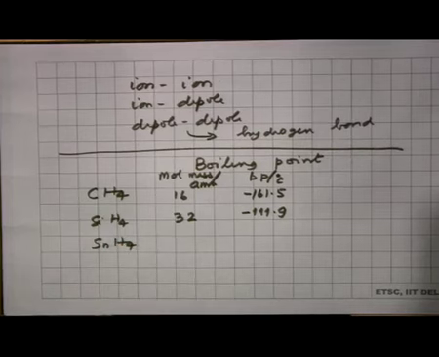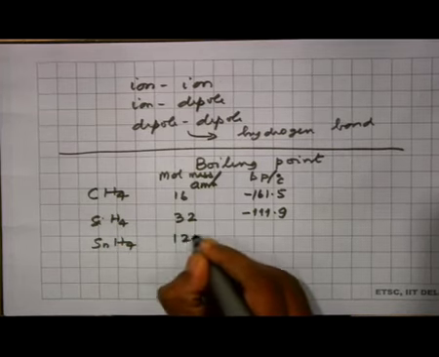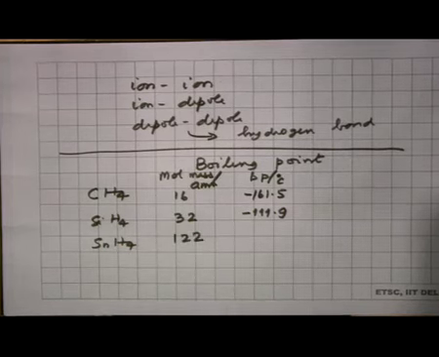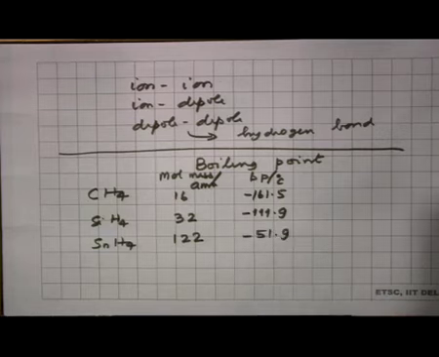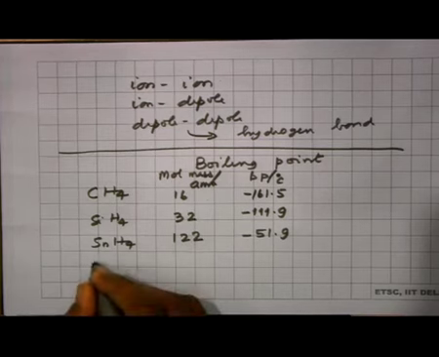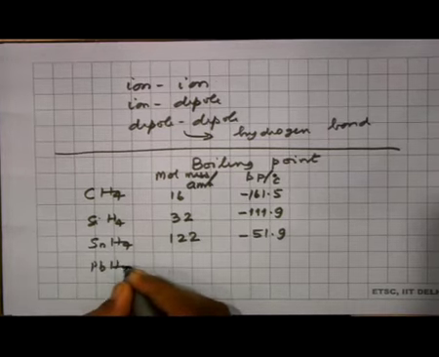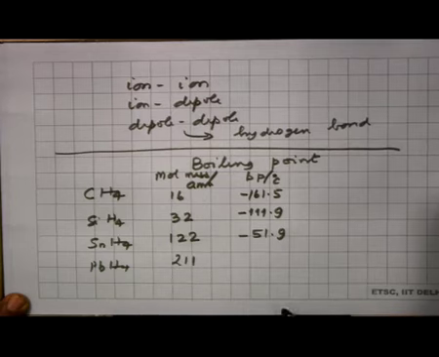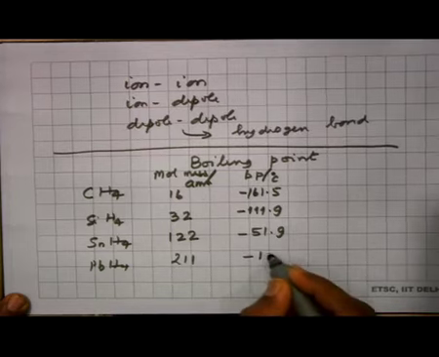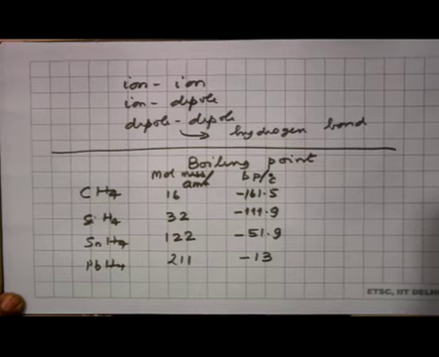Stannane has a molecular mass of 122 and a boiling point of minus 51.9, whereas plumbane has a molecular mass of 211 and a boiling point of minus 13.